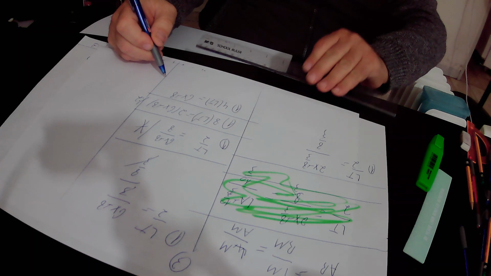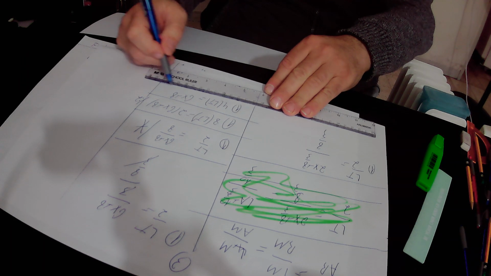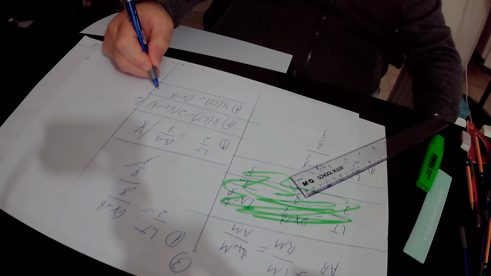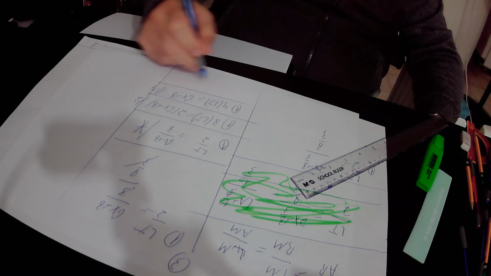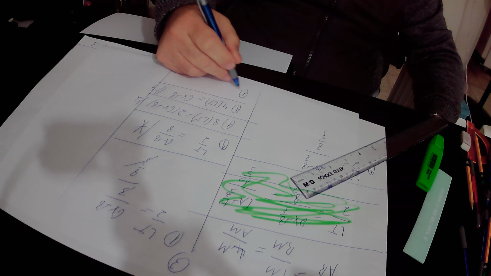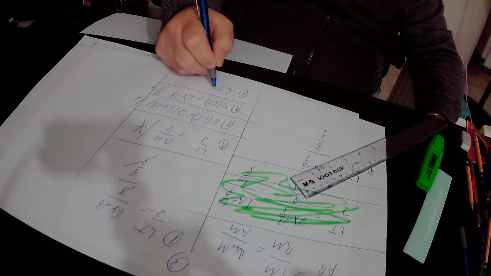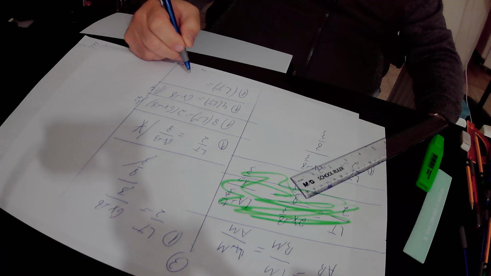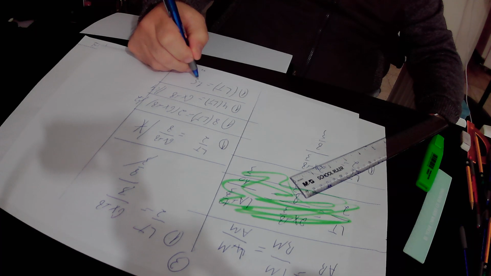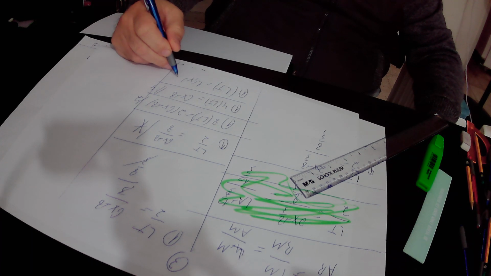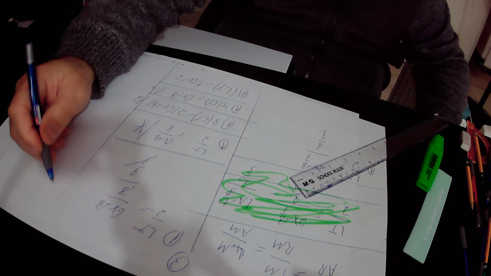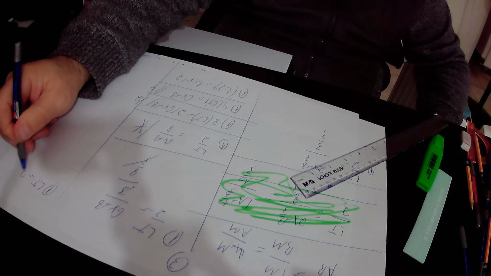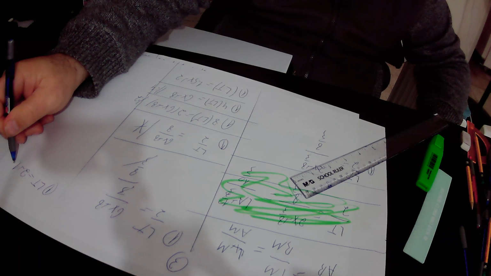Here we divide equation 1 by 4, and finally we get that the length of line segment LT equals 6x over 4, which is 1.5x, plus 8 over 4, which is 2. So in conclusion, the length of line segment LT equals 2 plus 1.5x.